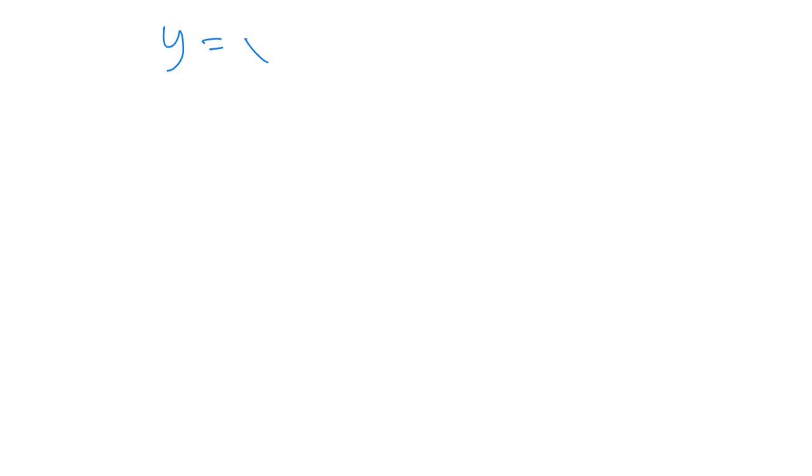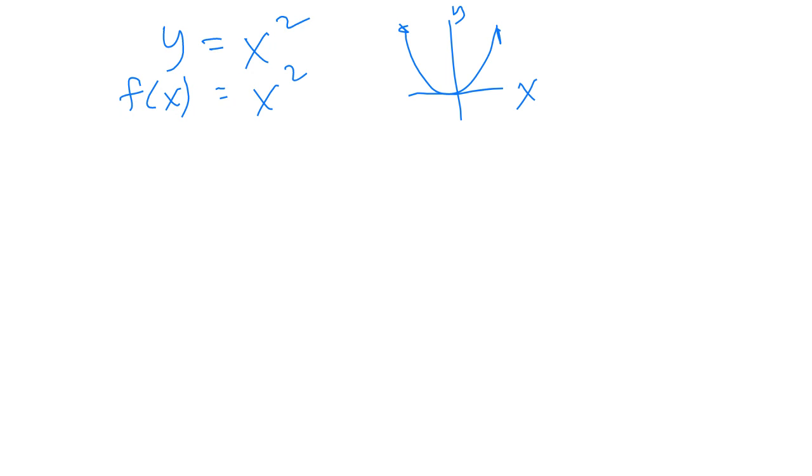Y is equal to x squared, or f of x is equal to x squared. That's a parabola, and the parabola is facing upward, and you have your y and x here, so it's symmetrical to your y-axis. So therefore, this is an even function.